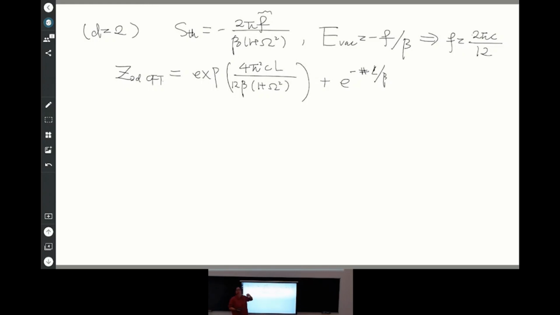But this result should look very familiar to you, because you can reproduce this from the S invariance of the torus partition function.